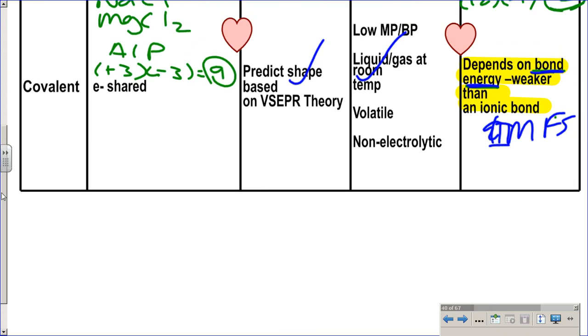So we're going to talk about bond strength and IMFs now. If you're doing ionic, you compare those by charge product. If you're doing covalent, you compare those strengths by bond energy and IMFs. Okie dokie artichokes.